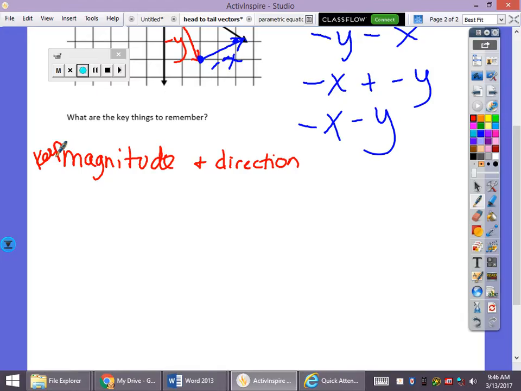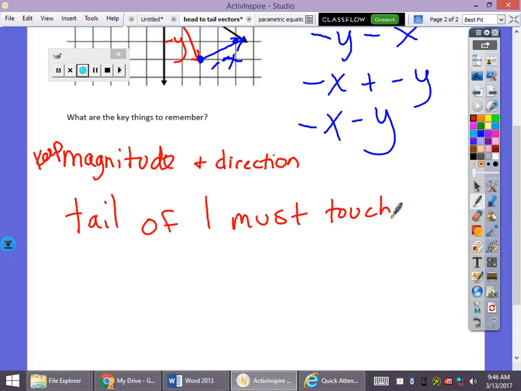Okay? And then, so I draw one vector. What happens? How do I know where to put the next vector? Right. The tail of one must touch the head of the next.